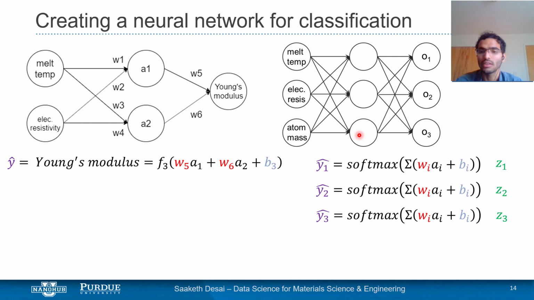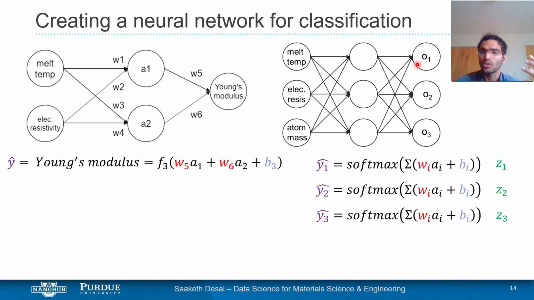The only difference here is that the output layer is going to use a very special activation function called the softmax activation function. So to understand this softmax activation, let's look at the output O1. Let's assume that the inputs to this neuron O1, which are obtained by a linear combination of weights and biases using the values in the hidden layer, are encoded in a variable Z1.